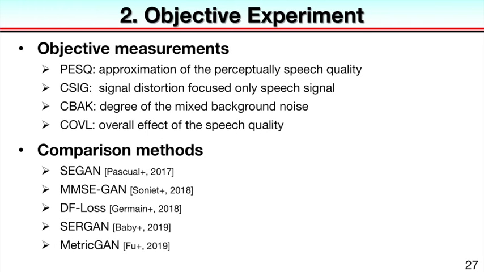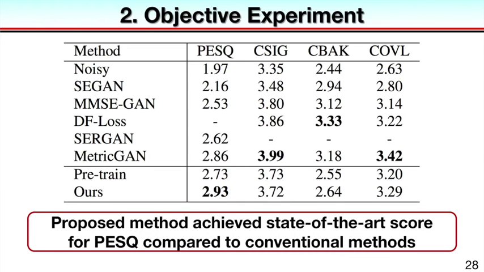Next, we compared the proposed method with the conventional methods on the same dataset. Objective measurements were PESQ, CSIG, CBAK, and COVL. Comparison methods were SE-GAN, MMSE-GAN, DF-ROS, SER-GAN, and MetricGAN. This table is the result of the objective evaluation.